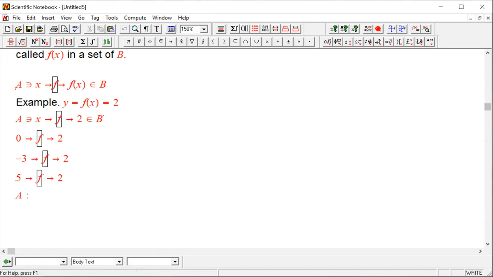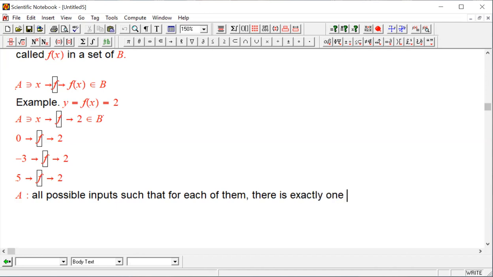If we can identify all possible inputs such that for each of them there's exactly one output, that is called the domain. I'm sure some of you have heard of it. So A is actually the domain. We make A all possible inputs such that for each of them there's exactly one output.